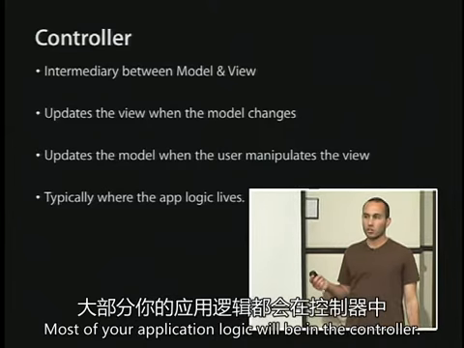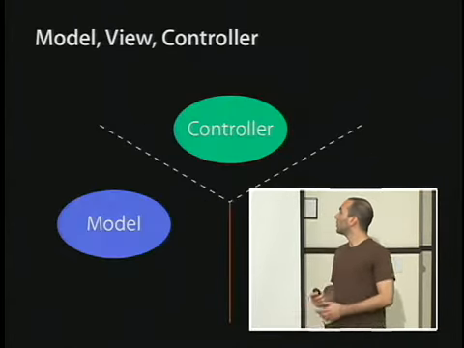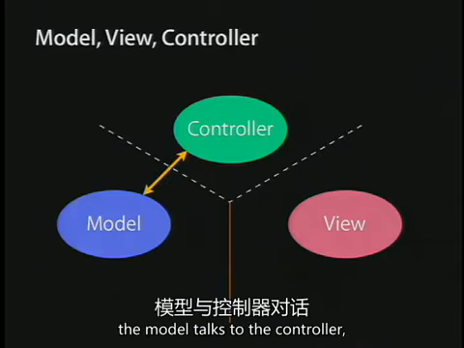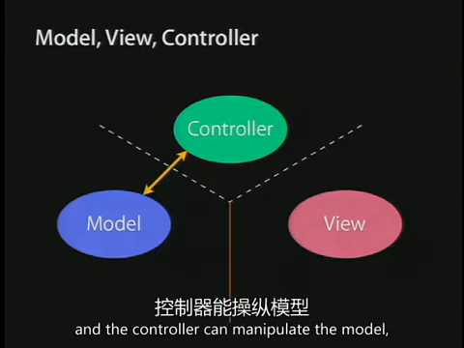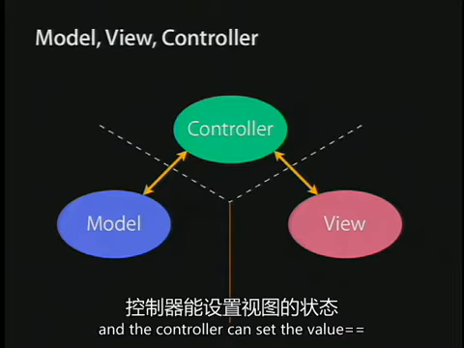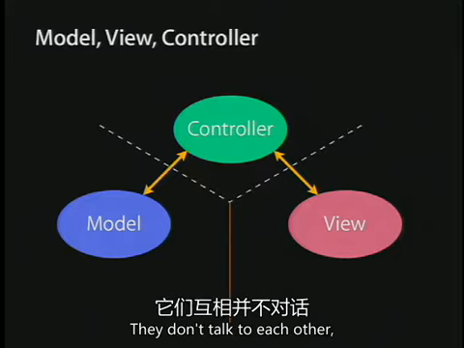Most of your application logic will be in the controller. So if we look at the communication here, the model talks to the controller, and the controller can manipulate the model. The view can manipulate the controller, and the controller can set the view's state. But there's no third arrow in between model and view. They don't talk to each other.